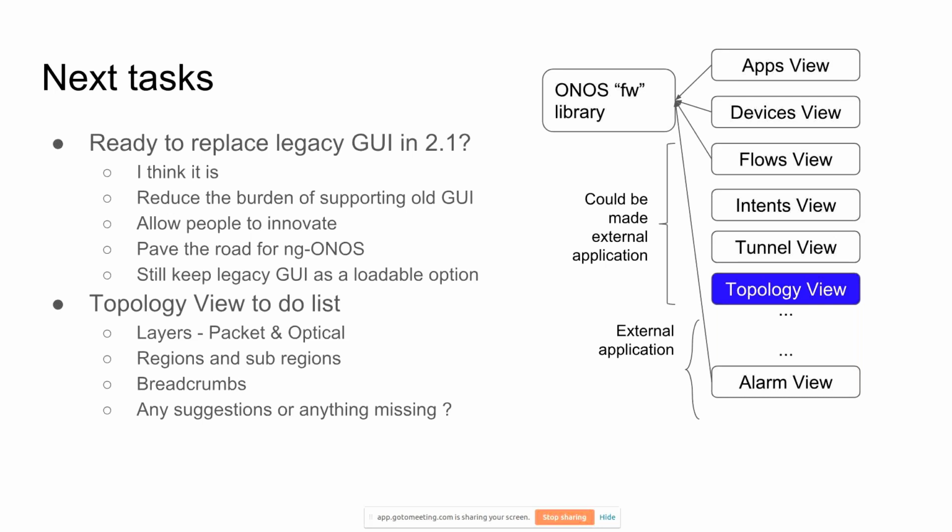Yeah, so I mean, Cord, in fact, I think doesn't use any of the UI aspects of ONOS in any case. So for something like Cord, if Cord was using this, I think both applications might be disabled, both GUI 1 and GUI 2. Right, exactly, yeah. Which is one reason.